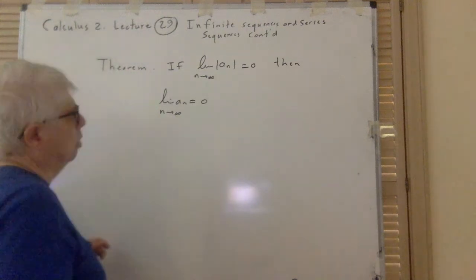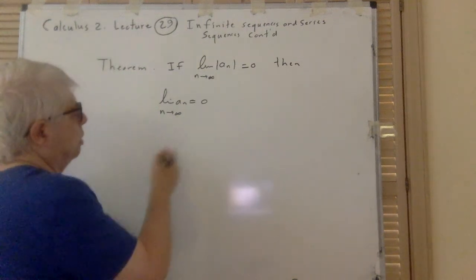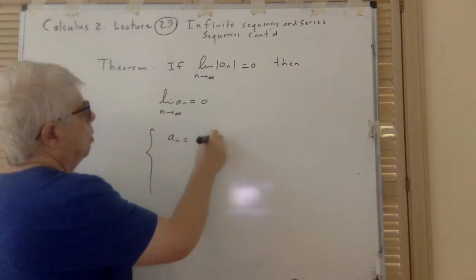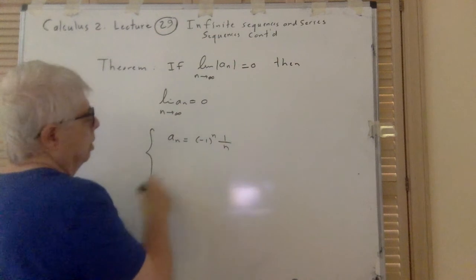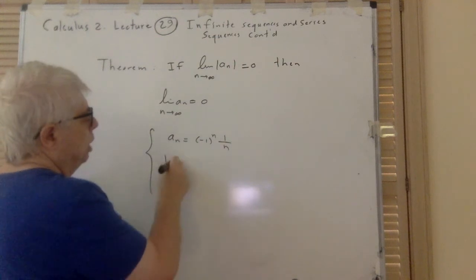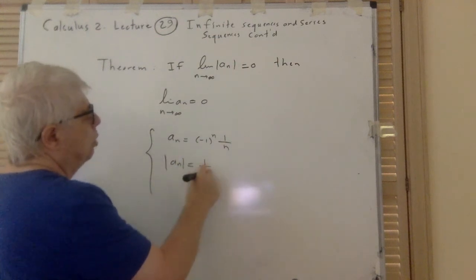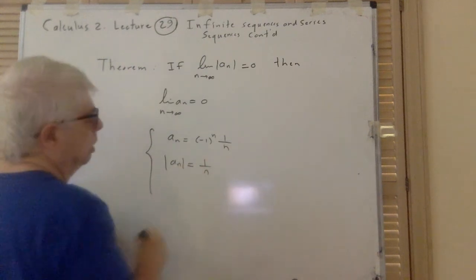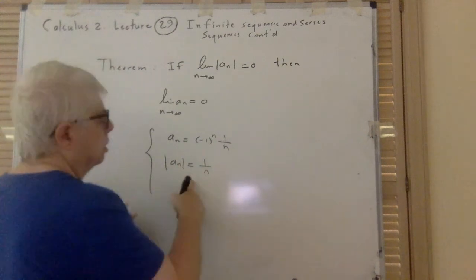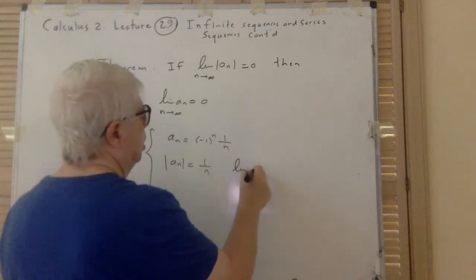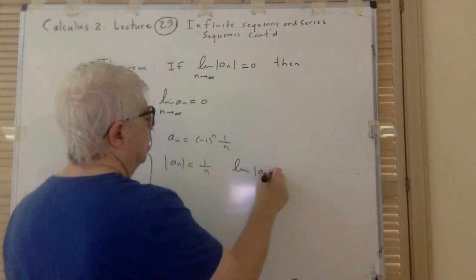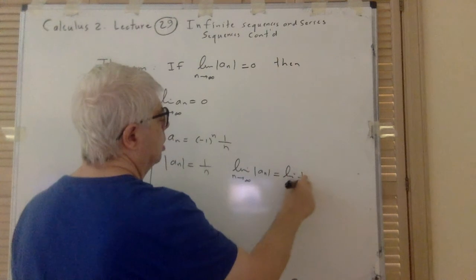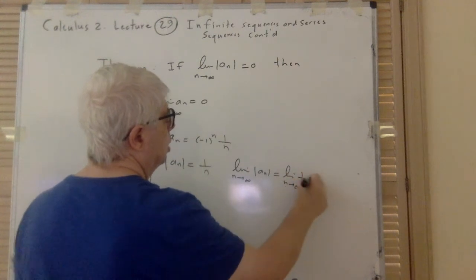Now, a good example of this is in fact the one that I mentioned. Say an is minus 1 to the power n, times 1 over n. Then the absolute value of an is simply 1 over n. Absolute value gets rid of this negative 1 to the power n. And we know that this limit exists: the limit of the absolute value of an as n goes to infinity is the limit of 1 over n, and that is 0.